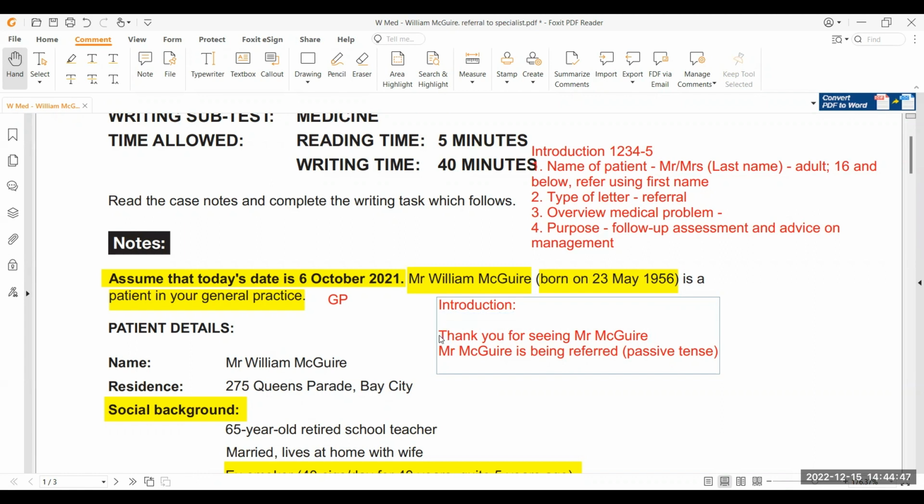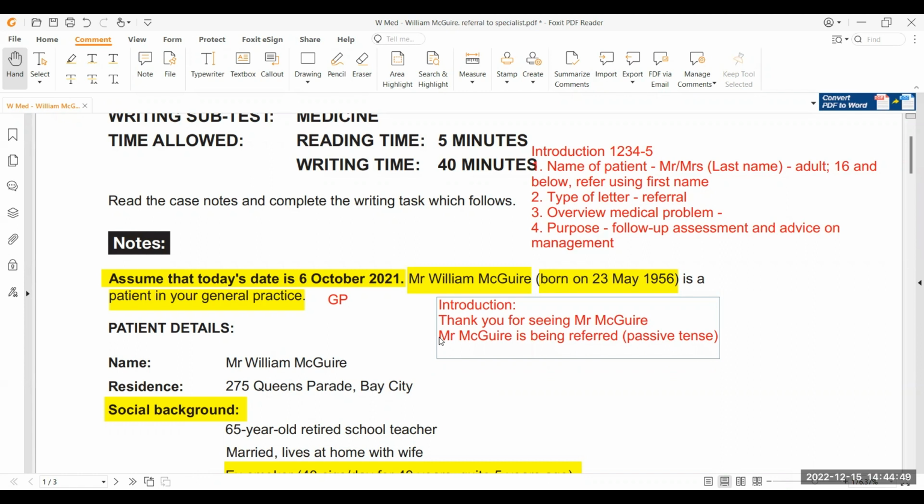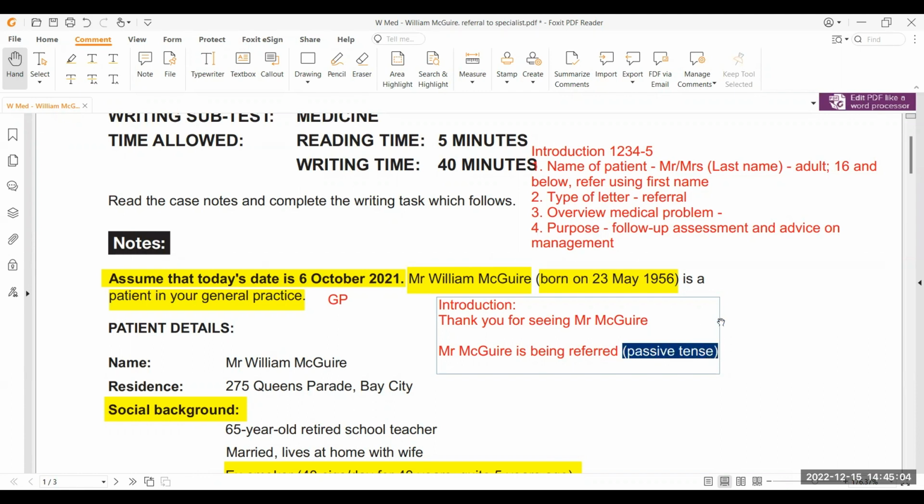And then maybe I can ask Dr. Tatiana to give us her version of the introduction first, and then I can ask Dr. Josefa, so at least Dr. Josefa will have some ideas. Mr. McGuire is being referred for your follow-up assessment and advice on treatment.